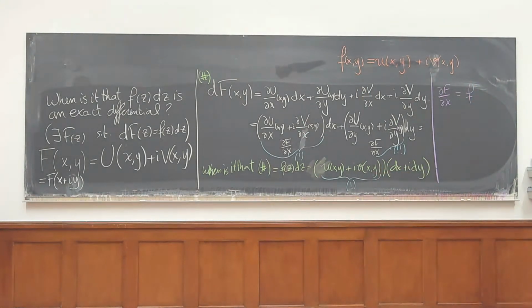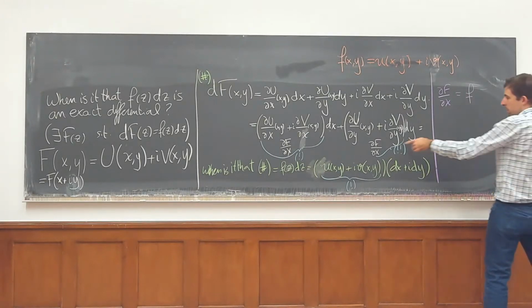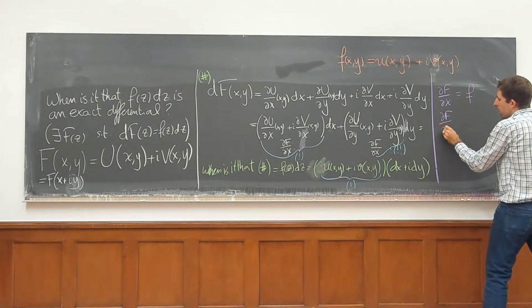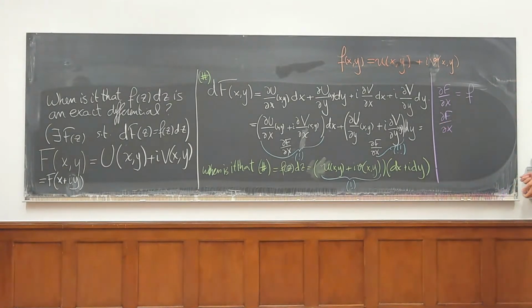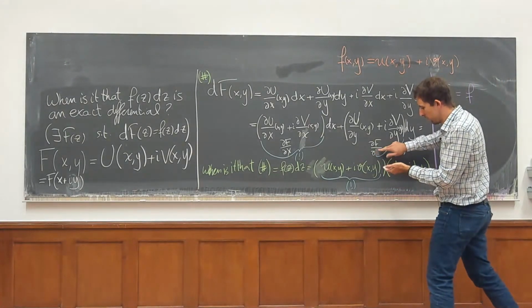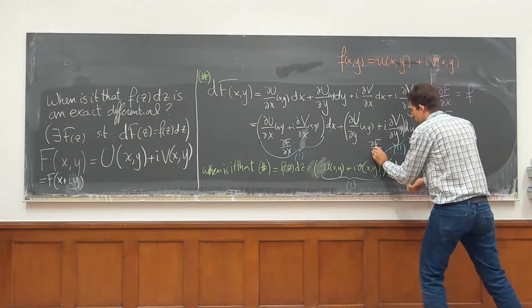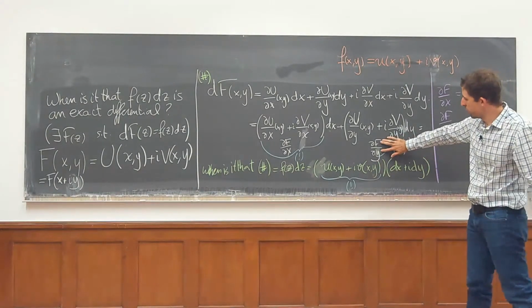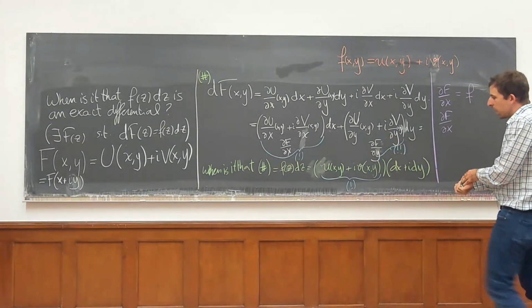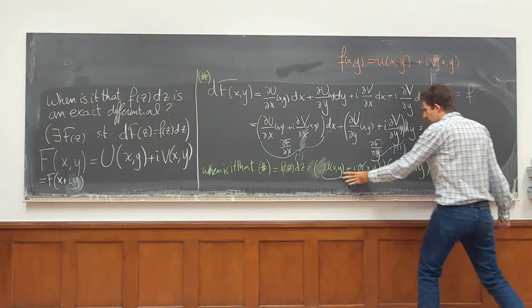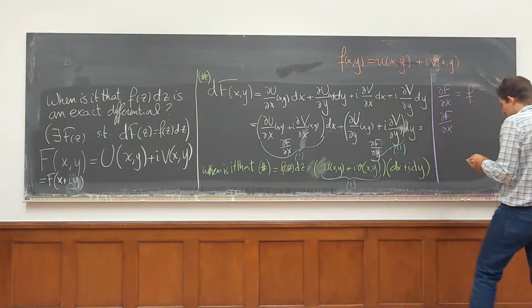And for this one, the derivative of f with respect to y, what does it need to be? It needs to be f times I, because when I multiply f by I I need to get the same thing on the dy.